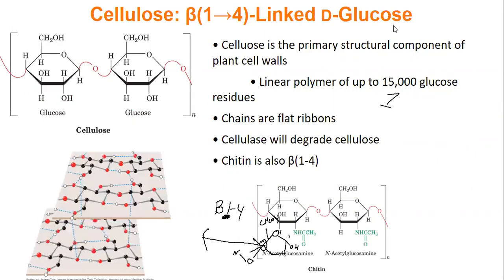If we look at cellulose, how many free OHs do we have? 1, 2, 3. Because at the 1 position and the 4 position, the OHs are in glycosidic bonds, so they're not free. So we're going to do 3 substitutions for 2B.